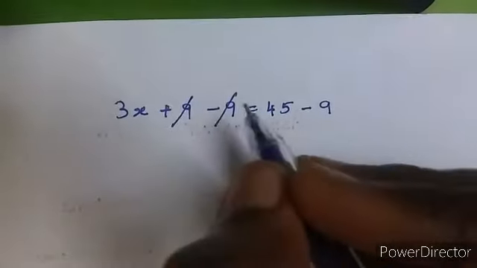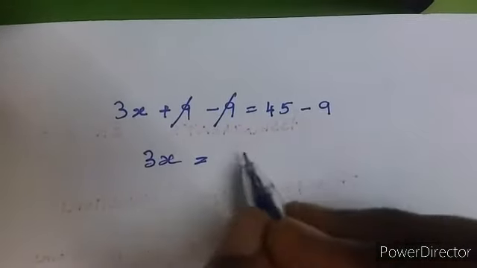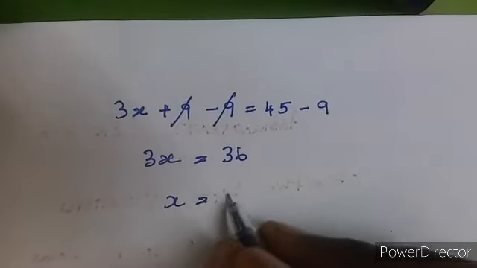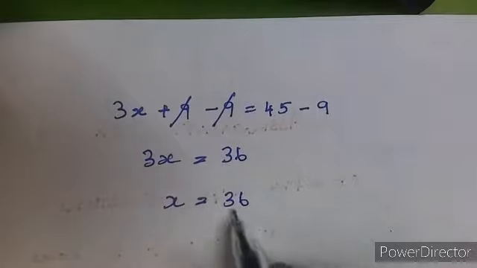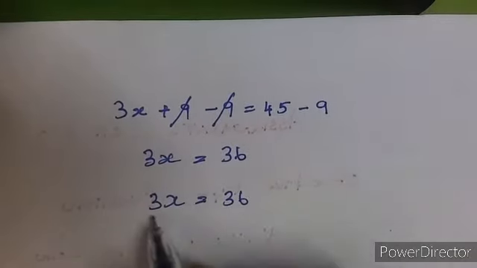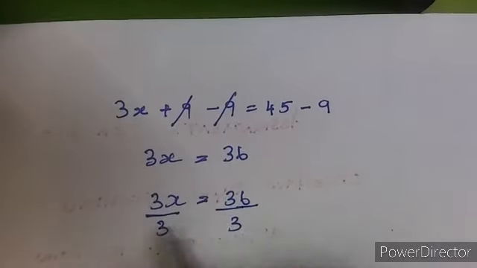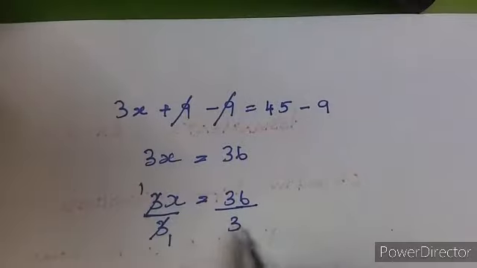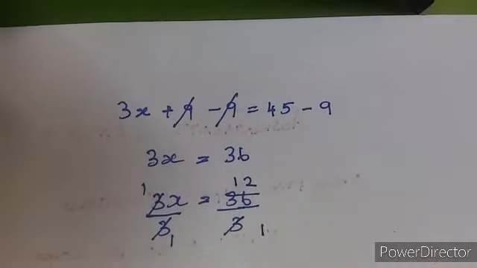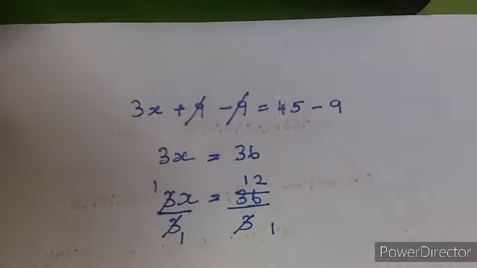Plus 9 minus 9 we can cancel. So 2x equal to 45 minus 9 is 36. Dividing by 2 on both the sides, x equal to 18. So your answer is 18.